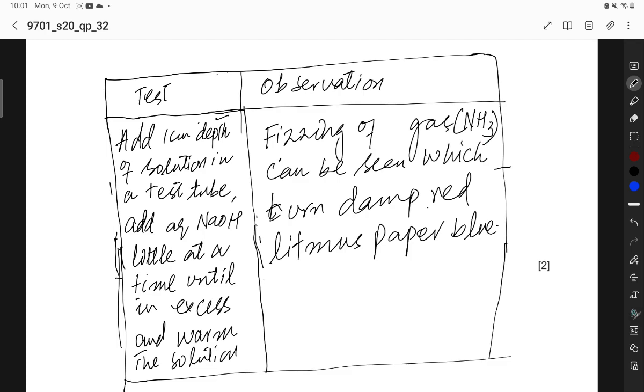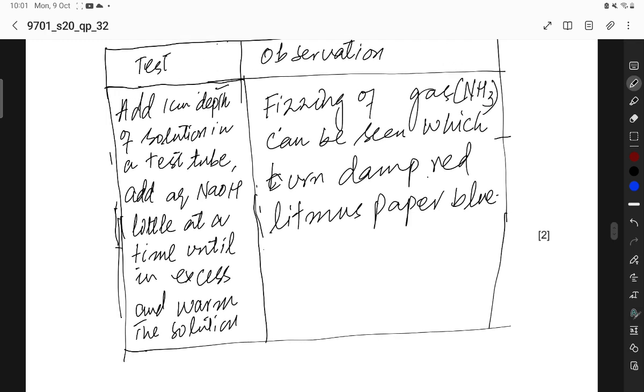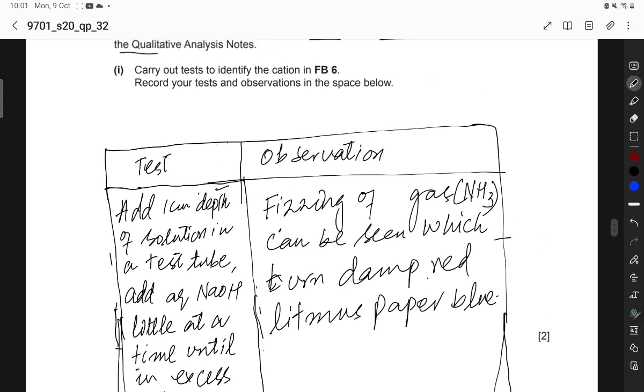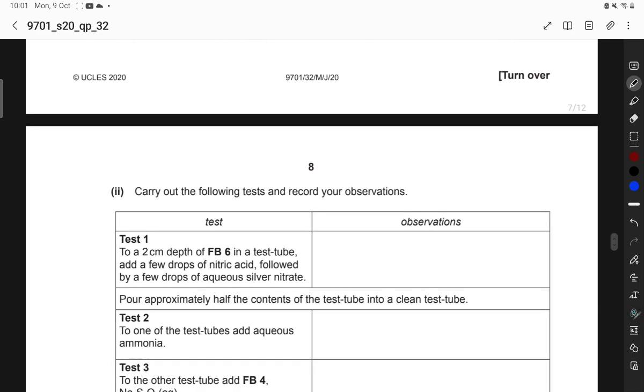Fizzing of gas of ammonia and sodium hydroxide when added in the solution. So this is the ammonium ion. The cation is ammonium. Now carry out the following test and record your observation.